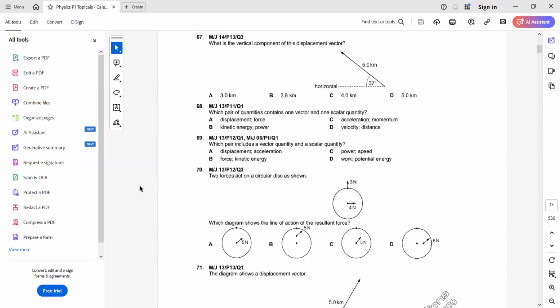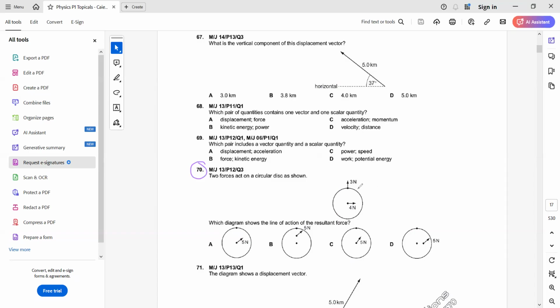Let's try question 70. So would it be B?